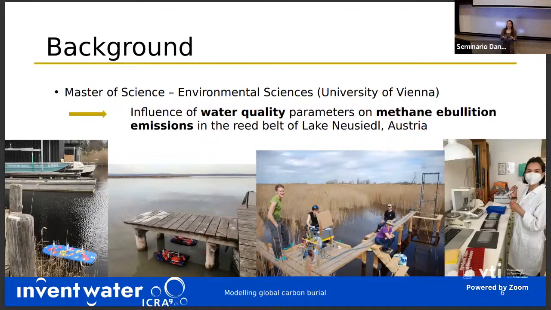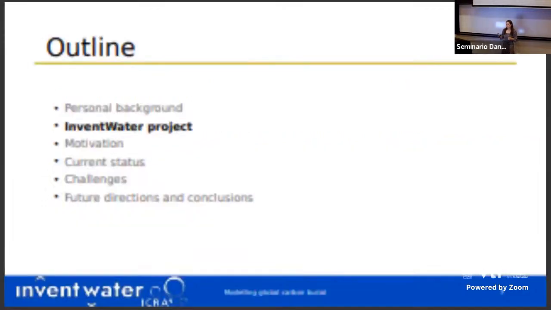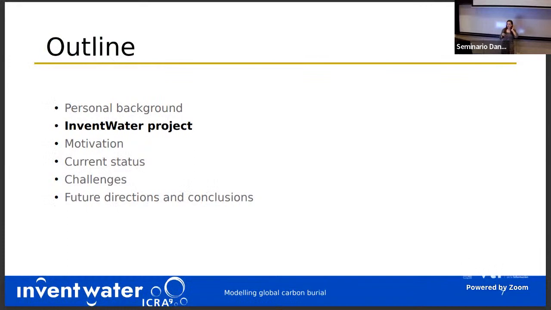So we have the diffusion pathway, we have the ebullition emission, which are mainly the bubbles that are emitted directly from the sediments to the air. And also we have the transmission from plants. So we studied this specific pathway in this very particular ecosystem. That is where I started with this topic.